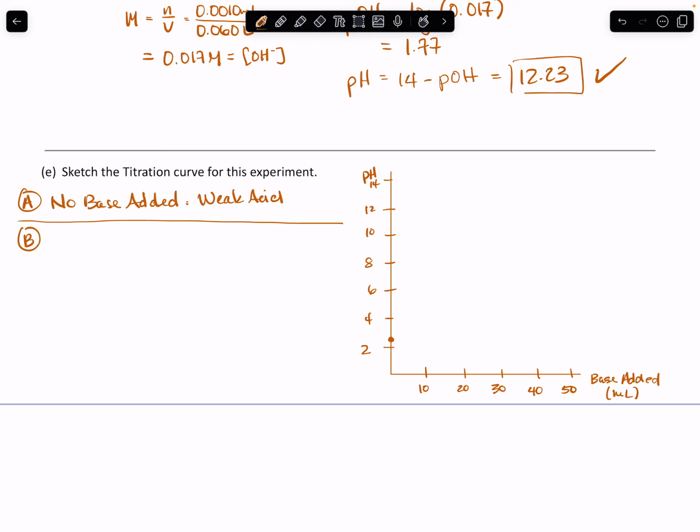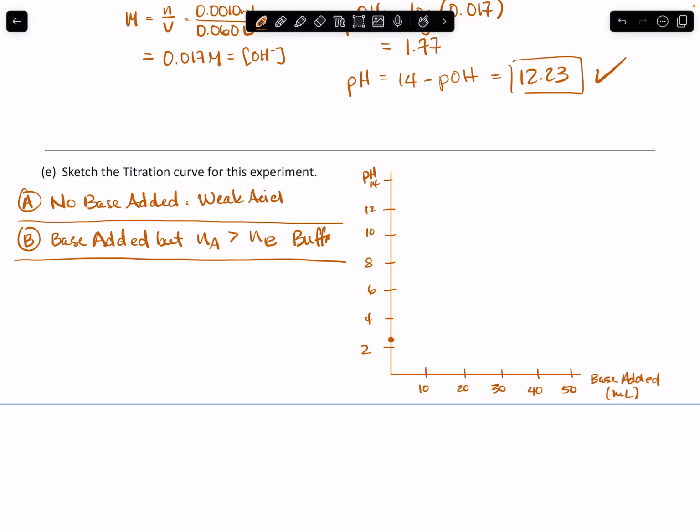B, base added, but the moles of acid is greater than the moles of the base. So I would expect to see the pH come up because my acid amount has decreased. But it's not going to be crazy. I do, however, also have some conjugate base present for that acid, which means it's not going to be just the acid influencing that pH.